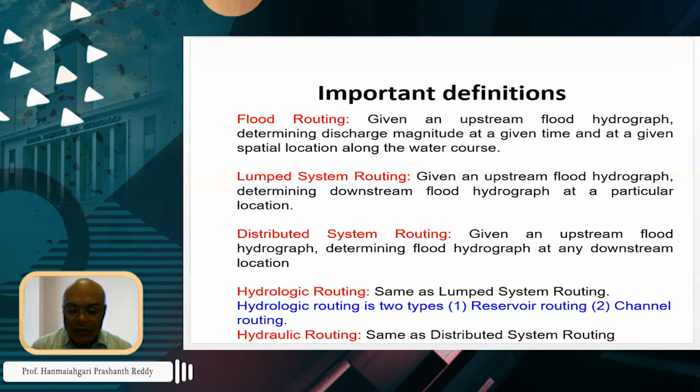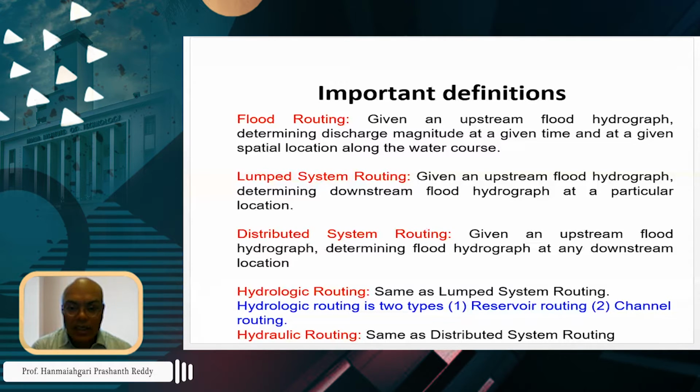The water enters the reservoir at, let us say, the inlet point. At the inlet point we know the flood hydrograph. Now we need to determine the flood hydrograph just downstream of the dam.